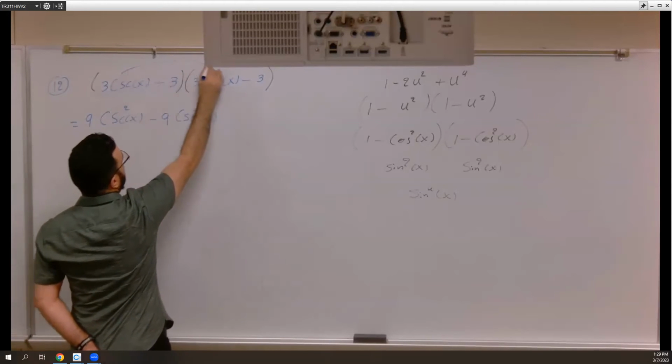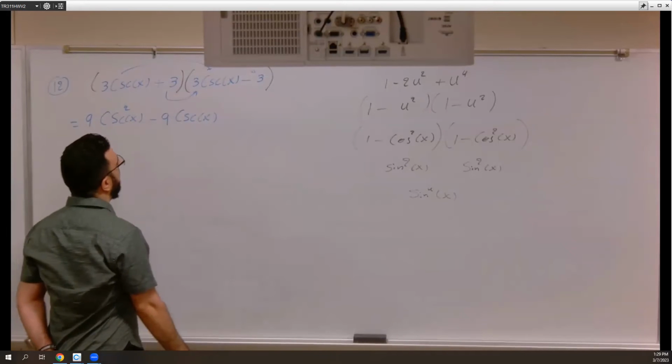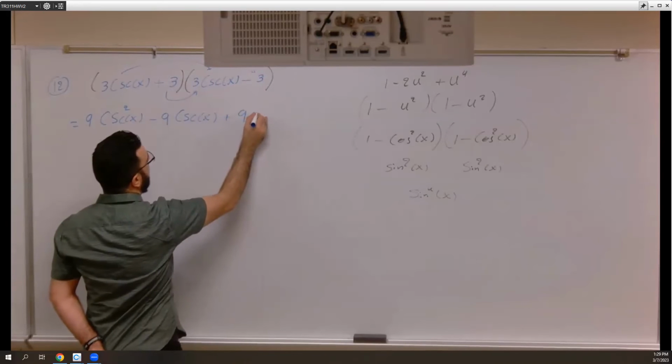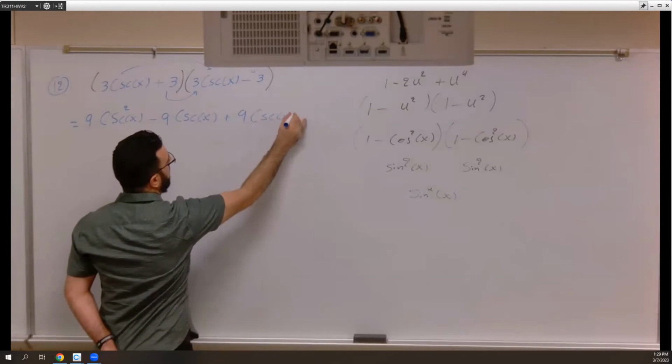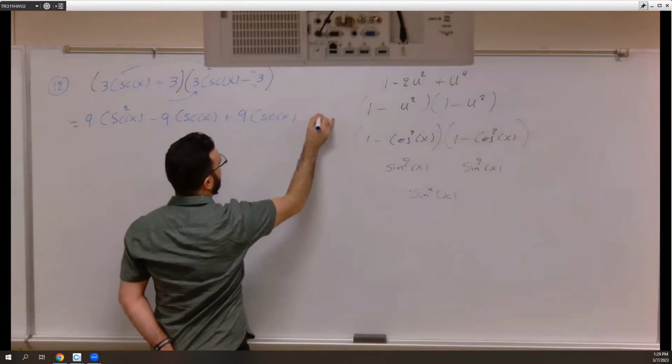We're done with the second one. Now 3 times 3 cosecant x is going to be plus 9 cosecant x. Then 3 times negative 3 is negative 9.